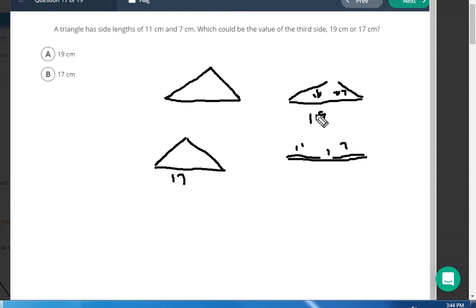So it can't be 19 because our triangle would never actually touch at the top. Whereas this one, if we have 17 across the bottom and we have 11 and 7, they are going to touch because they are adding up to greater than this distance.